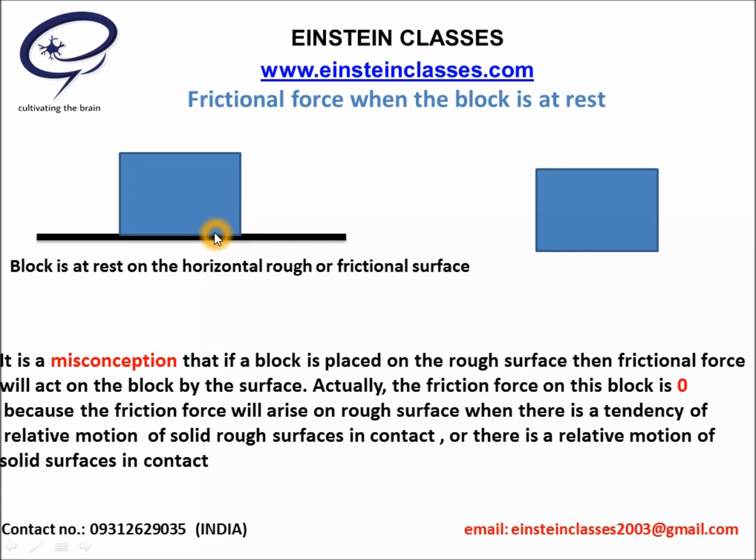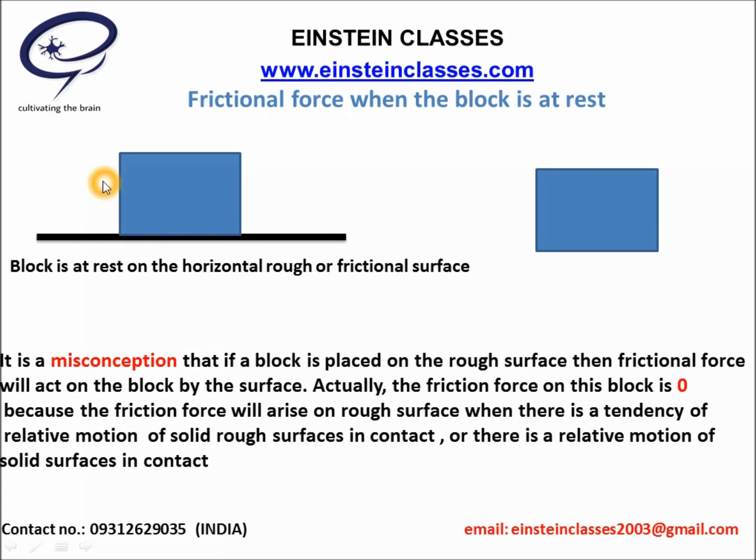But the condition is that the surfaces must be rough, as well as you have to apply some force on the block parallel to the table such that the block will have the tendency of relative motion or the possibility of motion, or we can say that the block will have some motion on the surface.